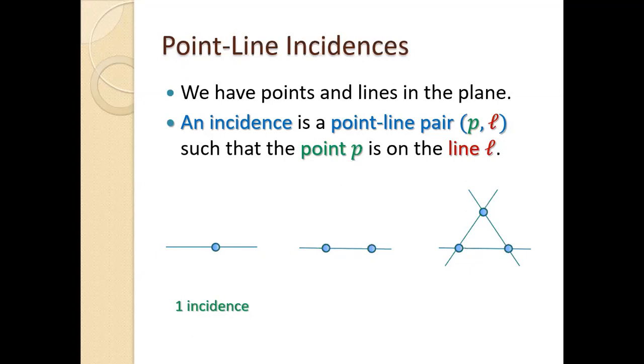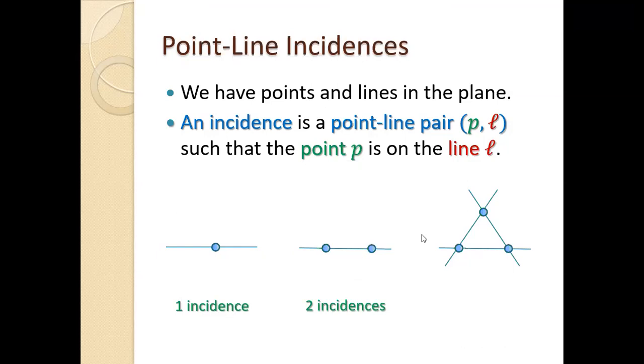Very good, people. Thank you. The important thing here, we have two incidences because this point forms an incidence with this line, and this point also forms an incidence with the same line. It doesn't matter that it's the same line. It's a different pair because the point is different.